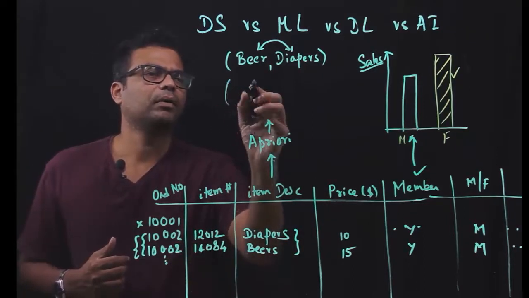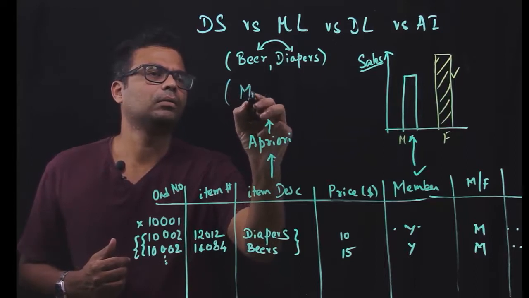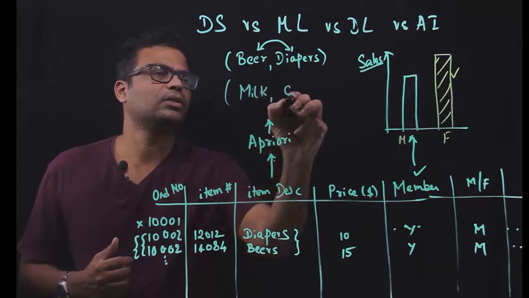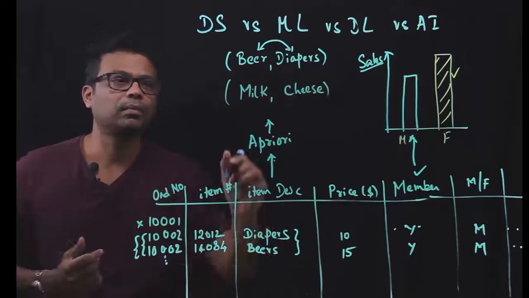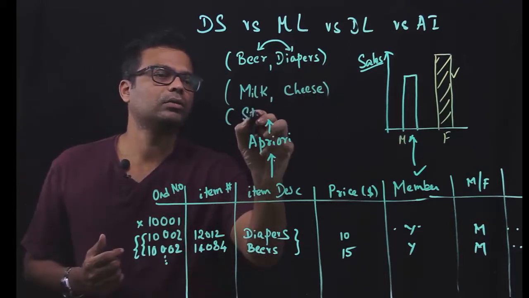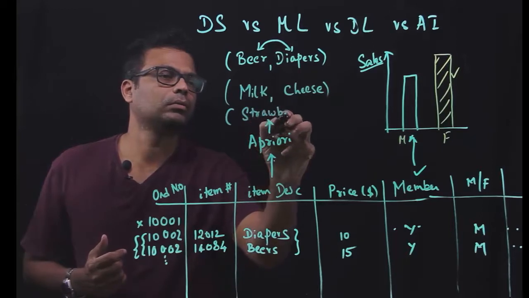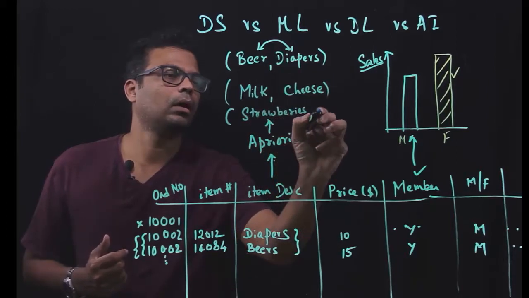Many such sets can be extracted using machine learning. Like, for example, there's milk and say cheese or cream cheese, right? Another example, strawberries and cream.